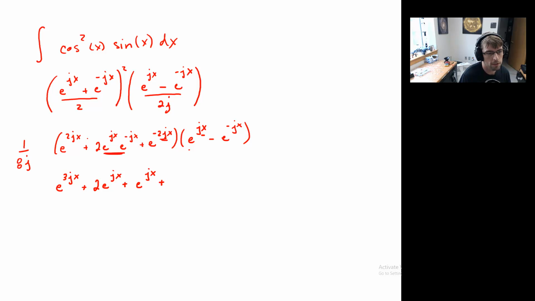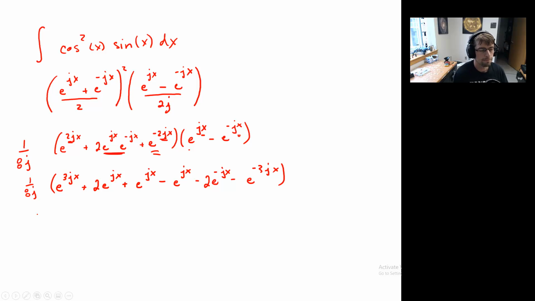We have plus e to the jx. Excuse me, that's a minus. I dropped the sign. I have a minus 2e to the negative jx. And then I have minus e to the negative 3jx. And that's 1 over 8j.